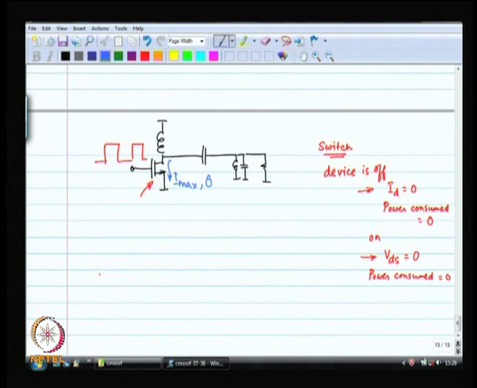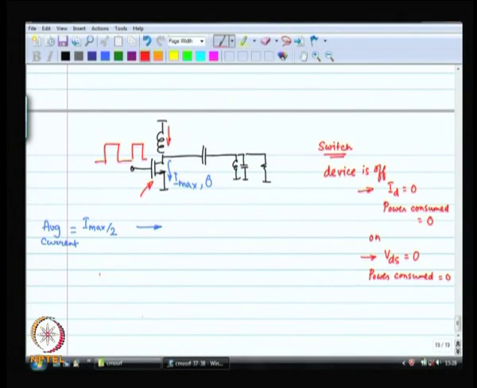So, the average current that it is taking, assuming 50% duty cycle, is I max by 2, okay, which means that the power consumption from the power supply, think about it, this does not allow any current other than DC.